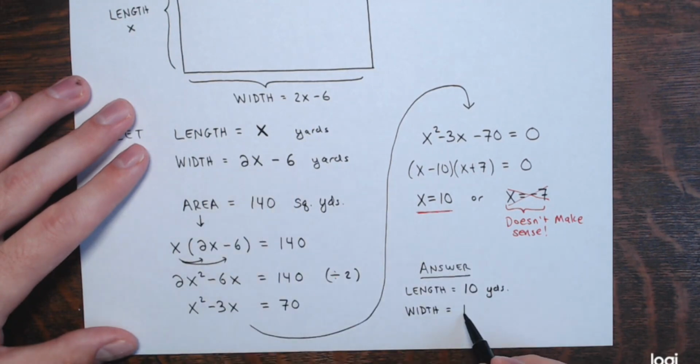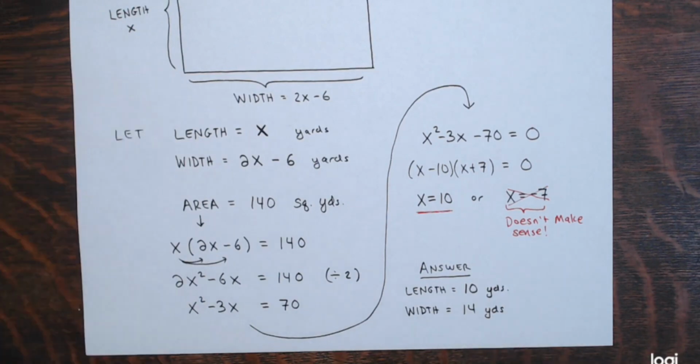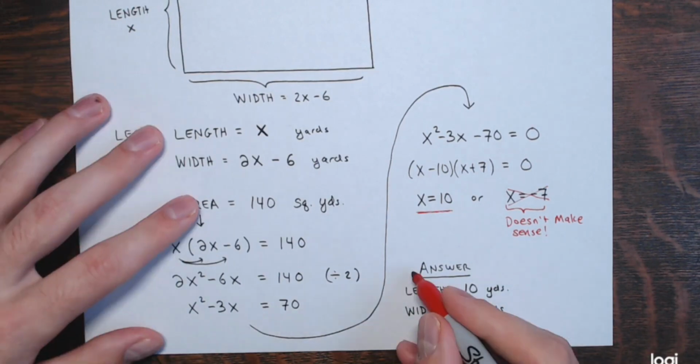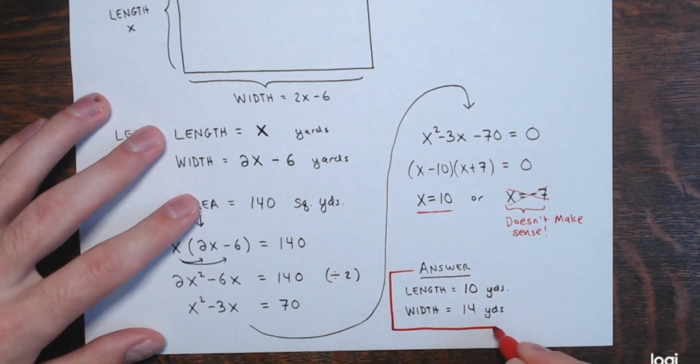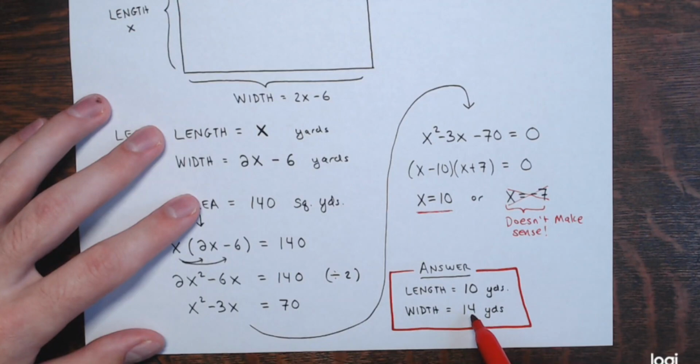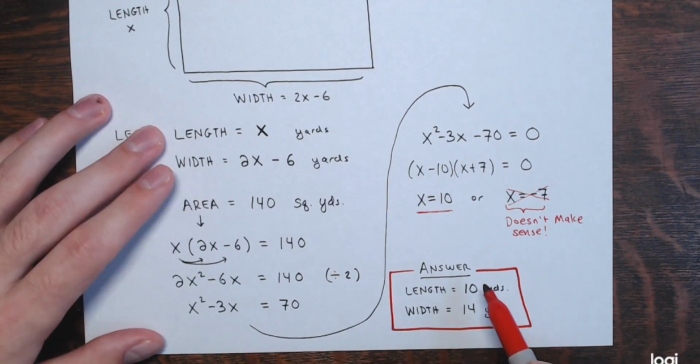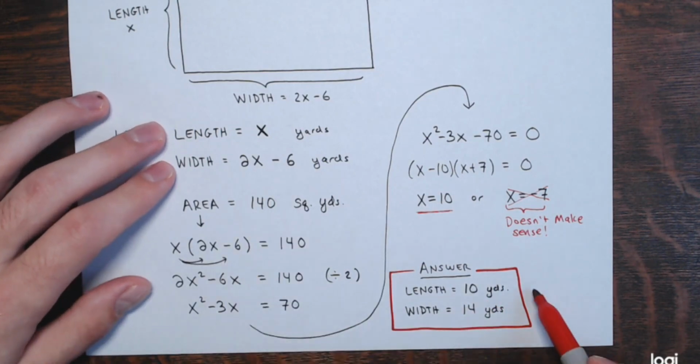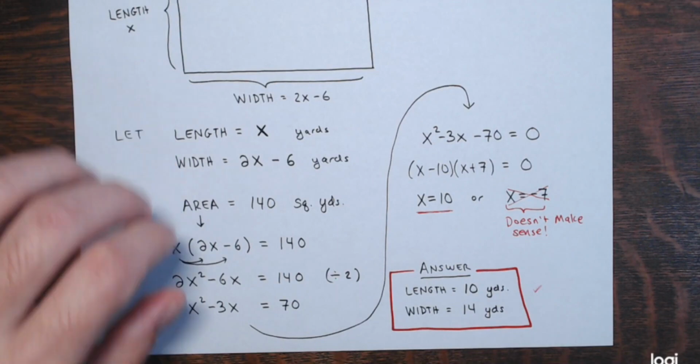It should be 14 yards. And there you go. And just make sure that these actually satisfy the conditions. If I take twice the length and then subtract 6, I get the width. Great. And the area would be length times width, 10 times 14, which is 140 square yards. That works. I checked it out. Wonderful.